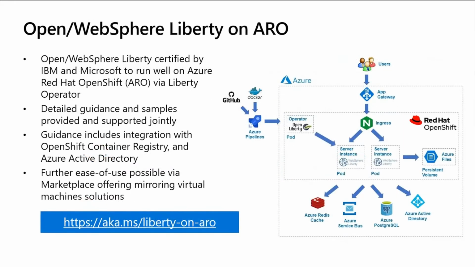Guidance is available for WebSphere Liberty and Open Liberty on ARO, and we'll have Azure Marketplace solution templates shortly for that as well. You can create all kinds of production-ready deployments already with OpenShift and WebSphere Liberty or Open Liberty.